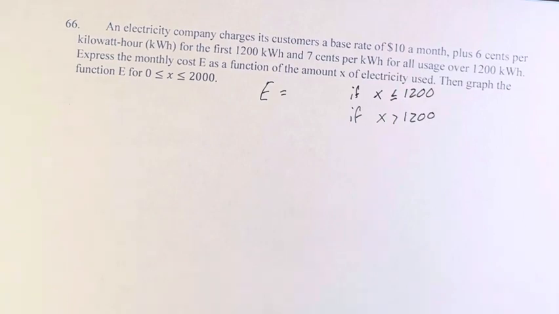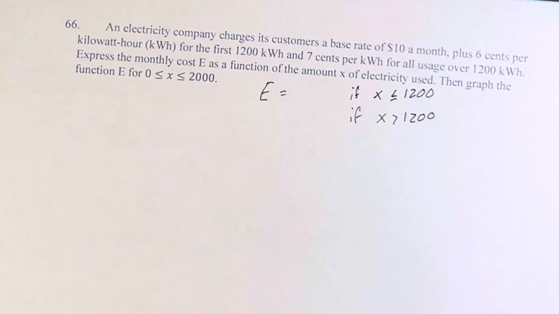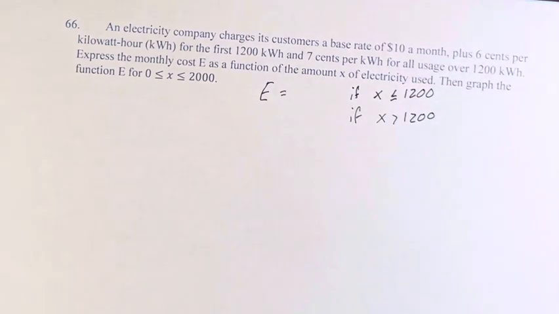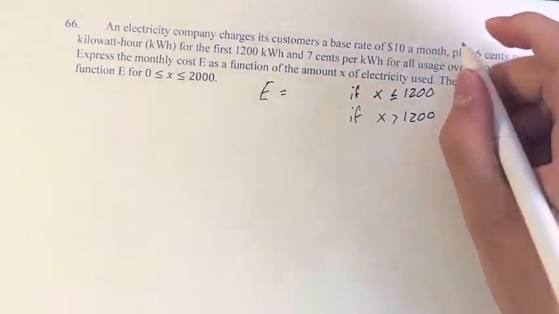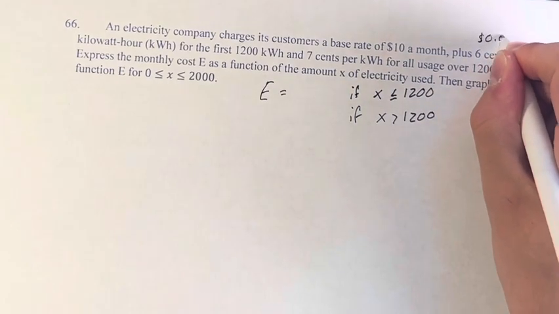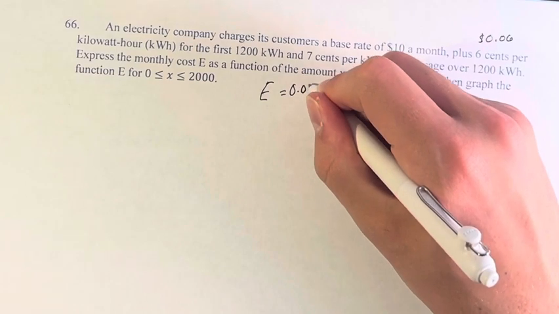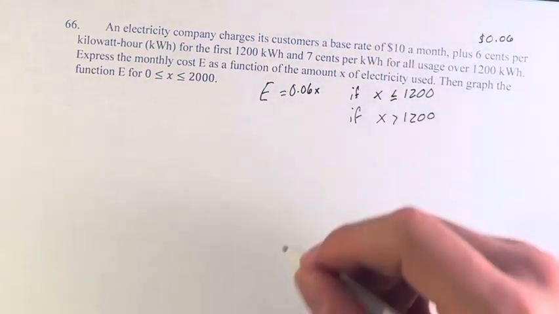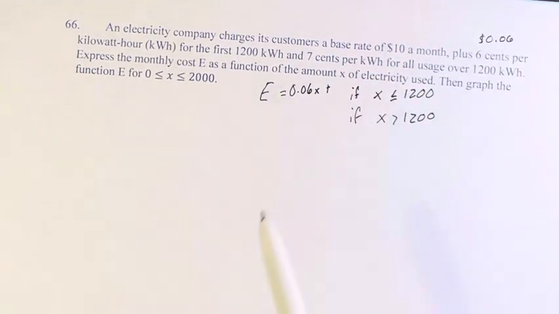So for this first 1,200 kilowatt hours, we have the linear function, 6 cents per hour. So therefore the slope is 0.06, right? This is $0.06 per kilowatt hour. The slope is 0.06x plus the y-intercept, right? y equals mx plus b.